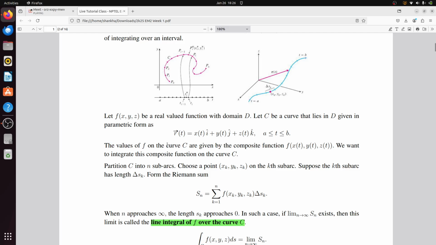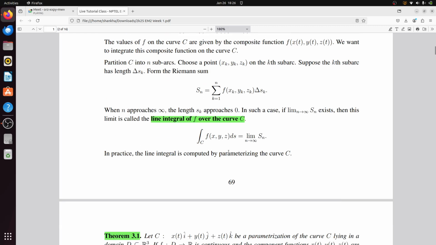If you have a function f which you want to integrate over C, then the values of f on the curve C are given by the composite function, that is, a function of a function. Because x, y, z are themselves functions of t, taking f of x, y and z makes it a composite function. We want to integrate this composite function on the curve C.